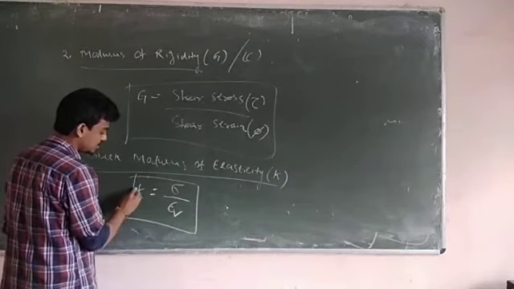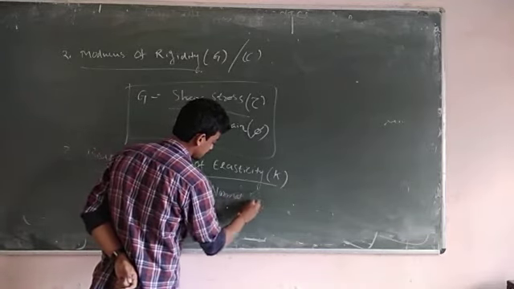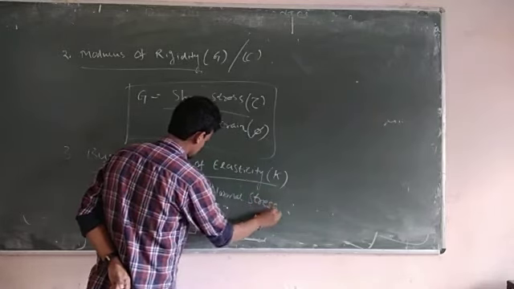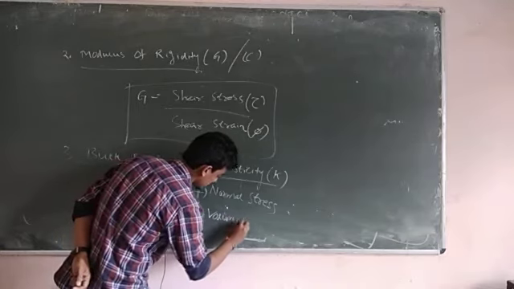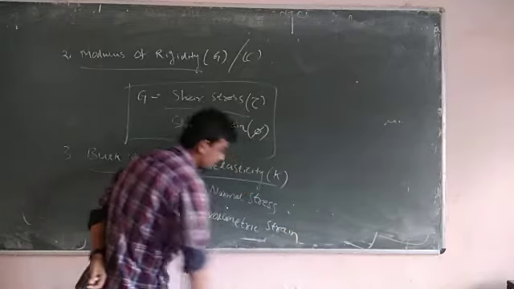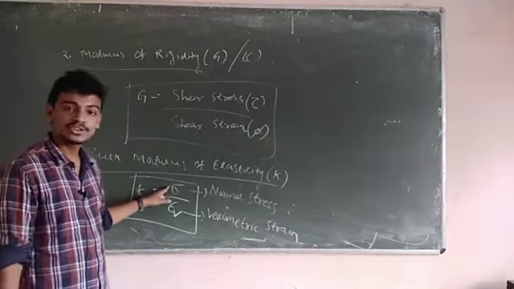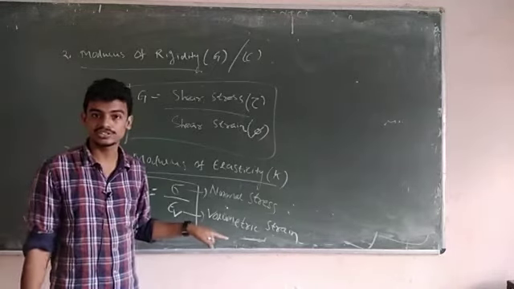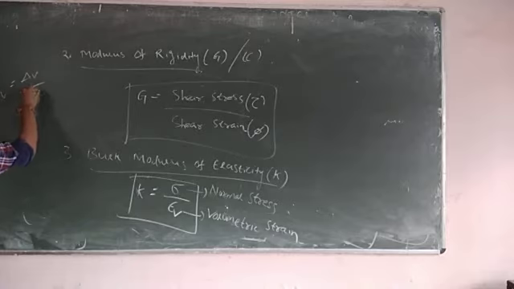K is equal to normal stress, here sigma means normal stress, and Ev means volumetric strain. Bulk modulus of elasticity means normal stress, which you have already studied, and volumetric strain, which you also already studied. Volumetric strain means change in volume by the original volume.